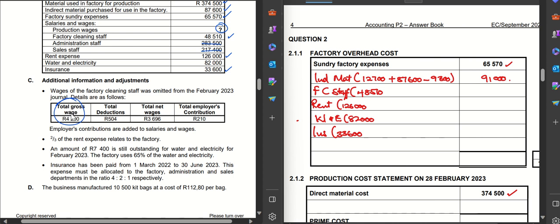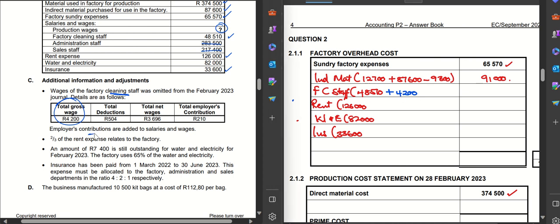All right, so I'm going to come here and I'm going to say the wages of the cleaning staff. Remember, in here we recorded the cleaning staff. So I'm going to add on the factory cleaning staff. I'm going to say plus the gross wage, that is my 4,200.